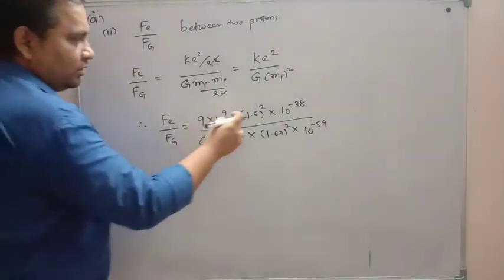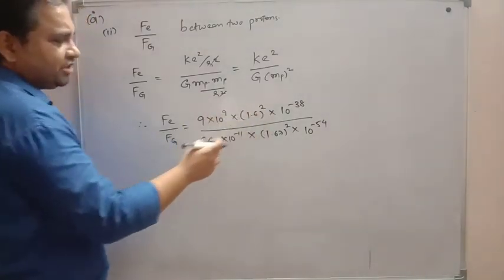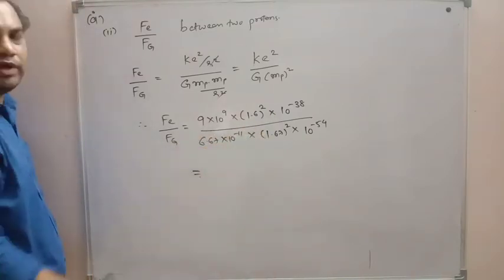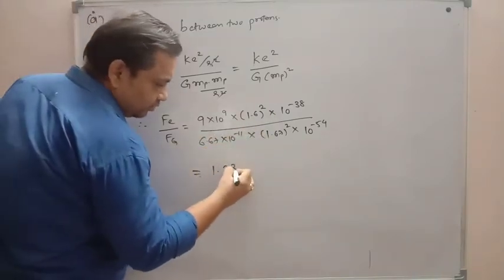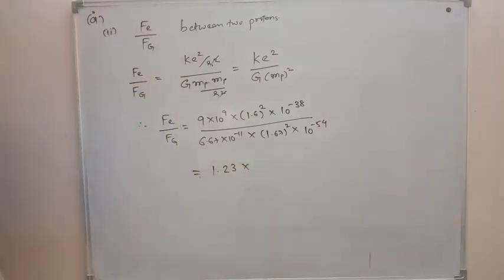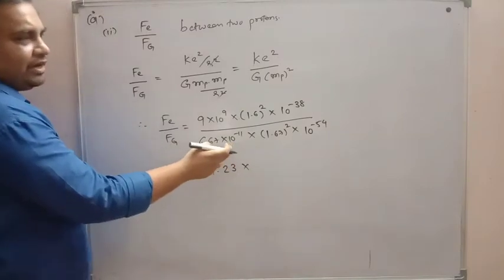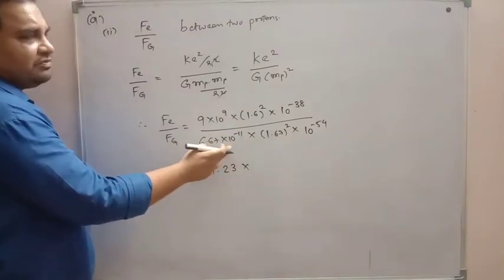Now these all terms, 9 into 1.6 square divided by 6.67 divided by 1.67 the whole square comes out to be 1.23, and the power over here minus 54 minus 11 is minus 65.